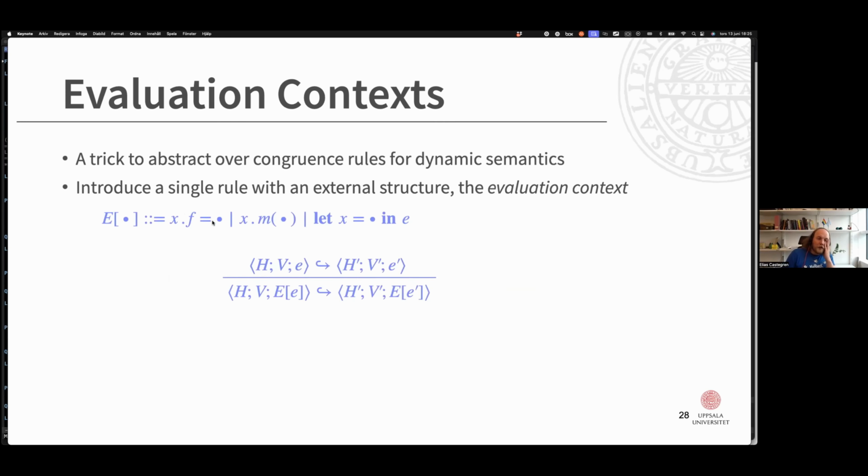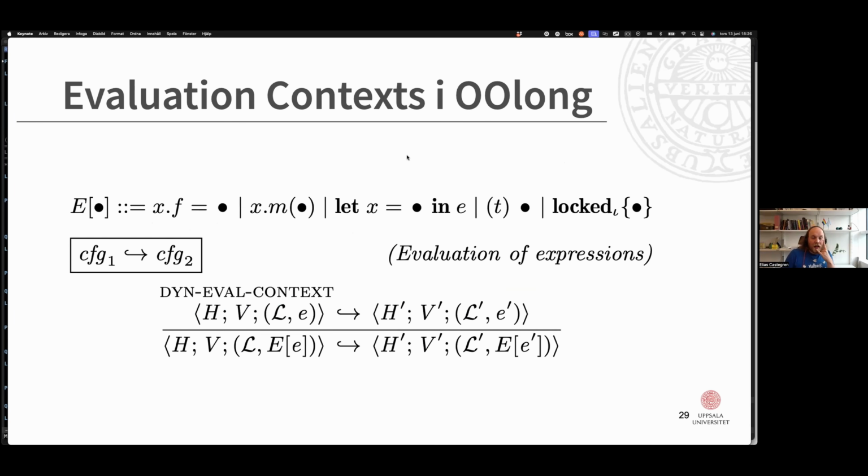And the evaluation context can either be the right-hand side of a field assignment, you can plug in the argument of a method call, you can plug in the value being bound in a let expression. In the full paper, I also have typecasts and I have this locked block.